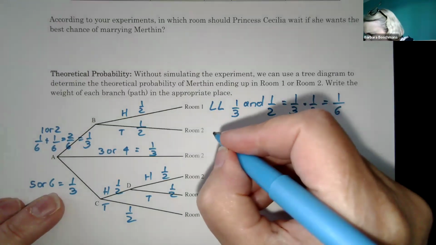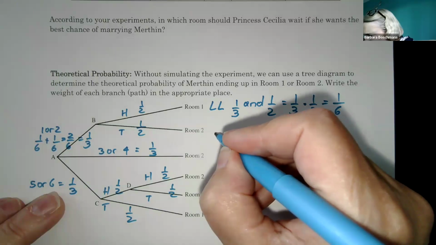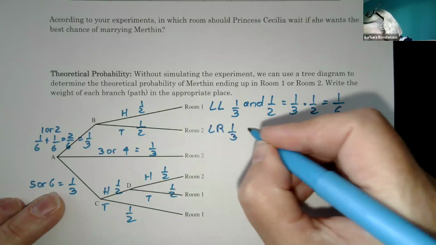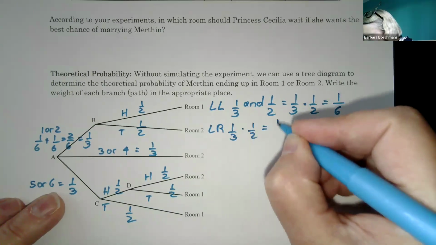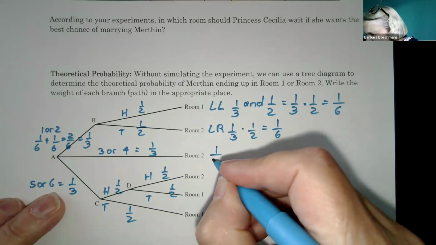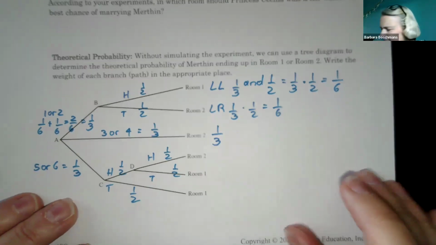So if you go left and right, which is 1/3 times 1/2, which is also 1/6. Room 2 just means you went straight, which was a probability of 1/3.